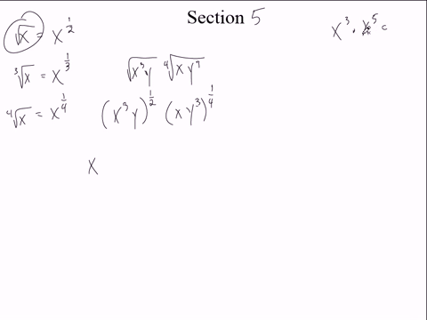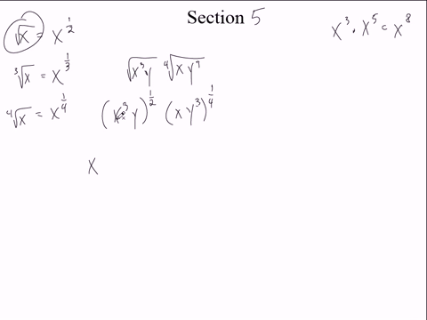What's the rule when you multiply exponents together? You just add the exponents, right? So it's x to the 8th, correct?